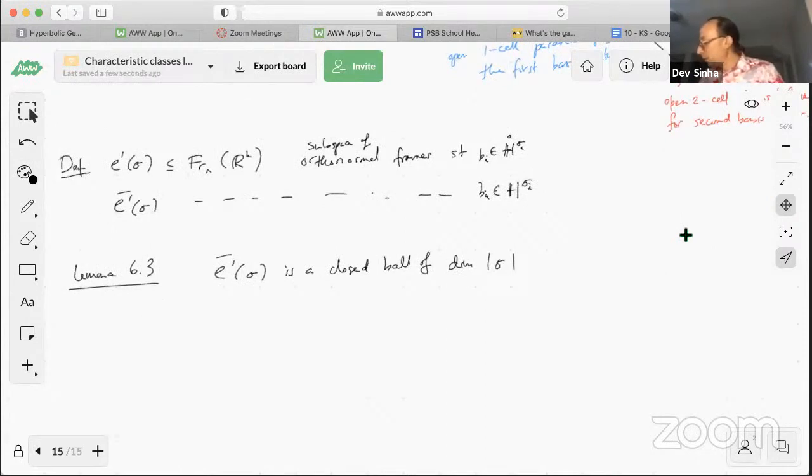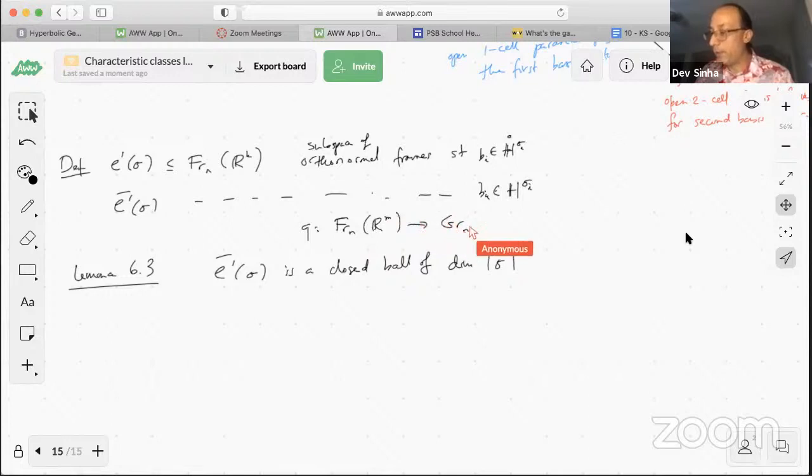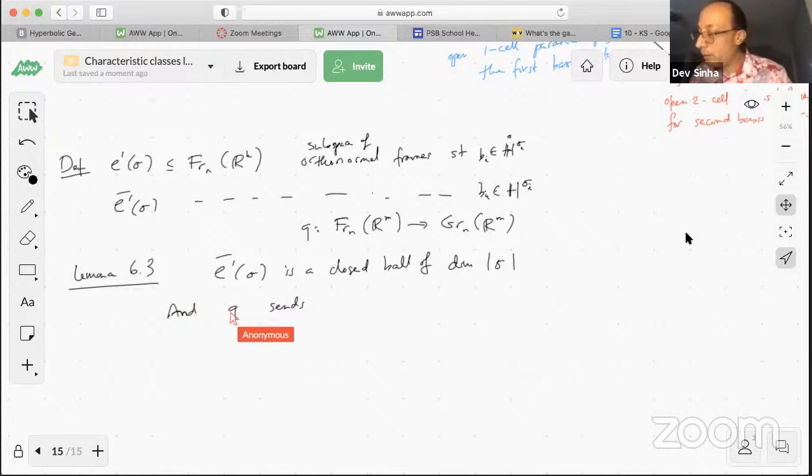And then if we let Q be the map from n-frames in R^m to the Grassmannian, it sends E prime sigma to E of sigma.